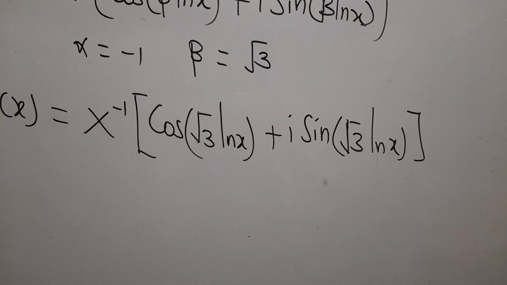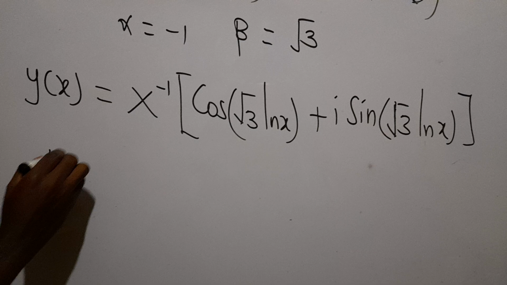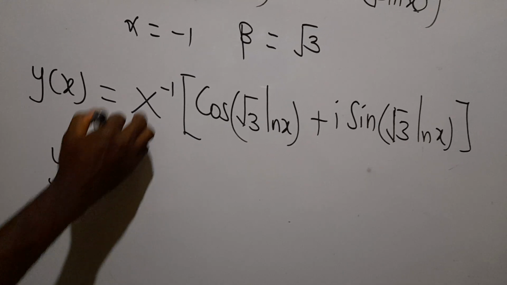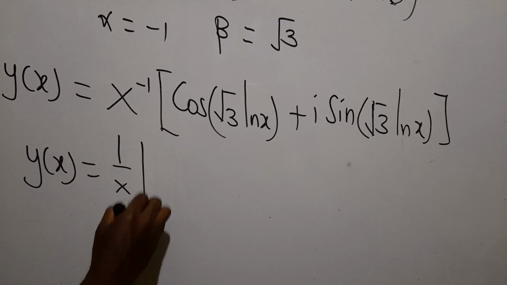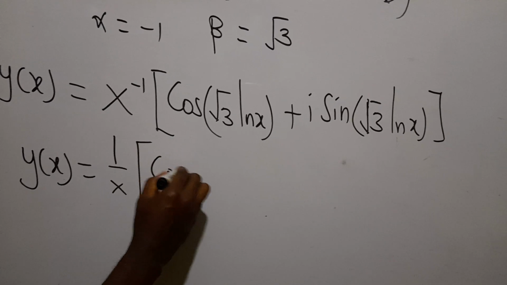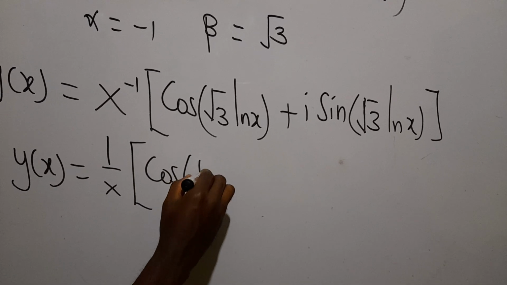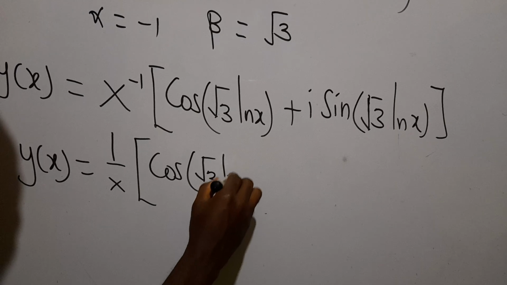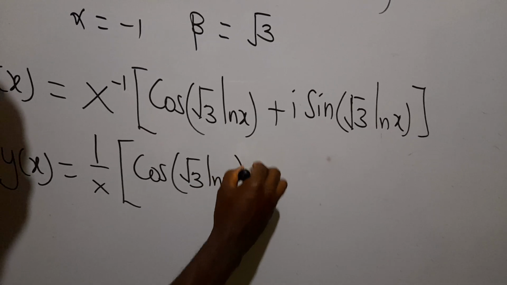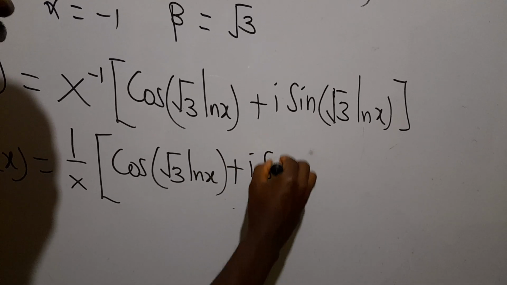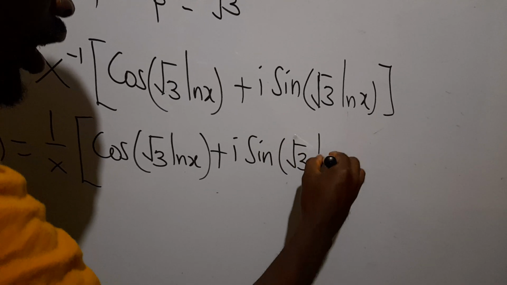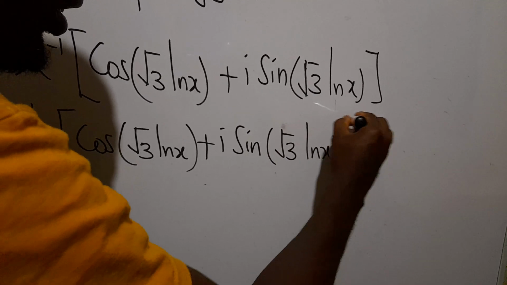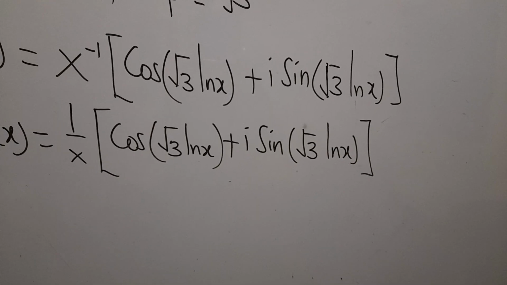I hope you get it. We can rewrite this and say our y of x is equal to x exponent -1, which is the same as 1 over x, times (cos(√3 ln x) plus i sine(√3 ln x)). I hope you get that.